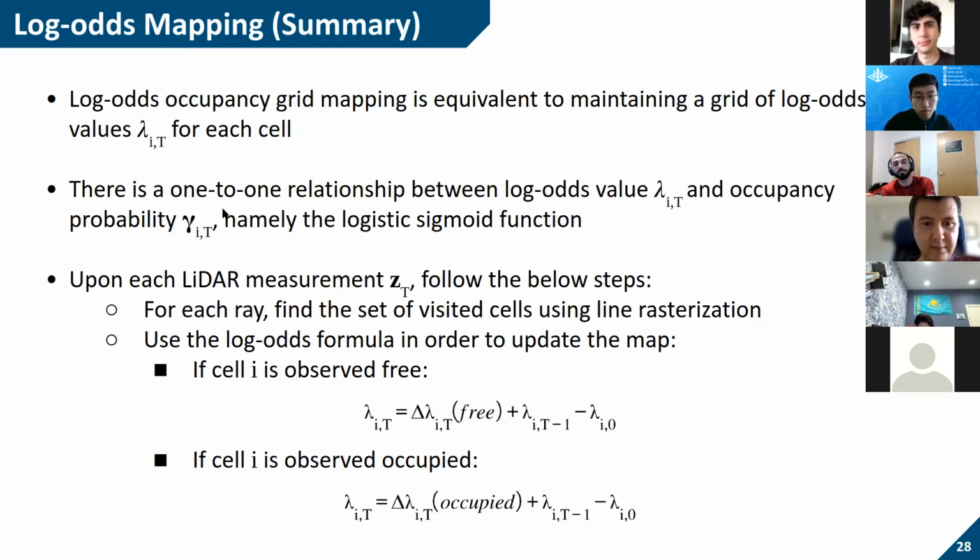So this is basically the summary. We cast rays for each observation, and based on the observation, if the pixel is free, we update its log odds value accordingly, and if it's occupied, we do this again accordingly.